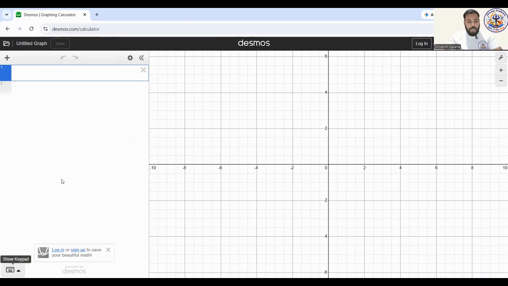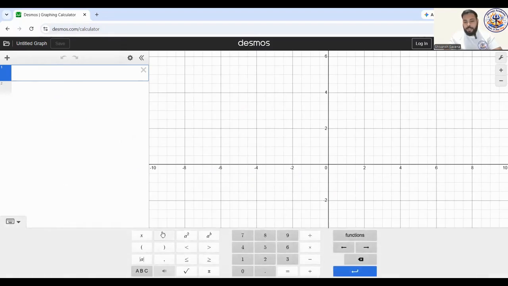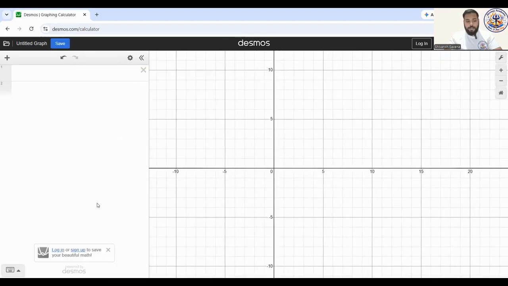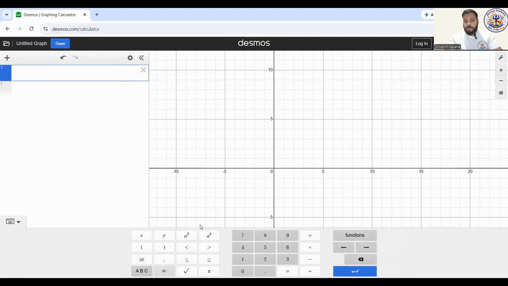Now here we have the keyboard, the keypad. You can click on it and you can see X and Y, the variables, which are the x-axis and the y-axis, the Cartesian plane. Then we have some power tools, inequality symbols, pi, square root symbol, absolute value symbol.